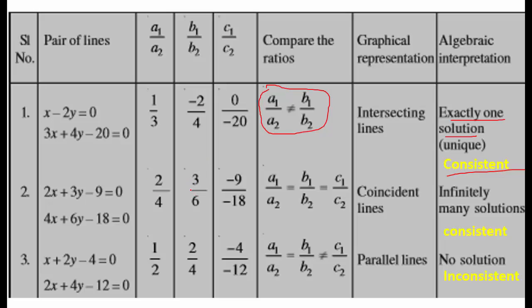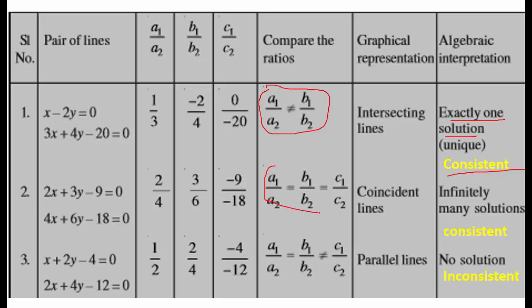Here b1 by b2 will become 3 by 6, again 1 by 2. And c1 by c2 is minus 9 divided by minus 18, and again this is 1 by 2. Means a1 by a2 equals b1 by b2 equals c1 by c2, and this is the condition for coincident lines, that is the third case.